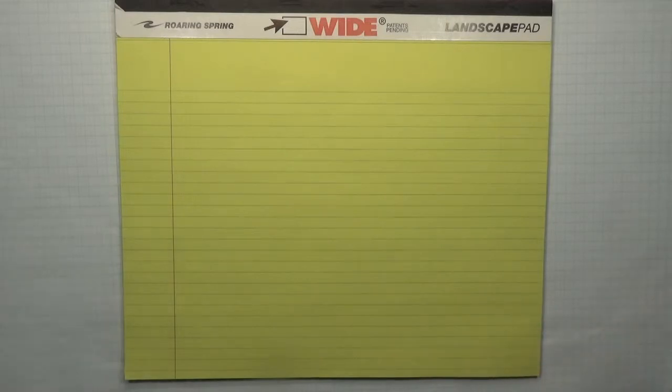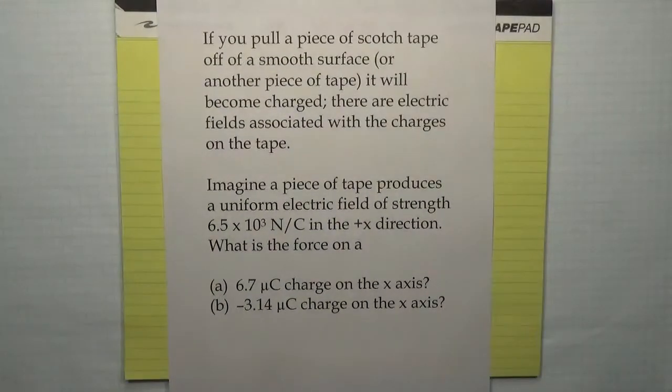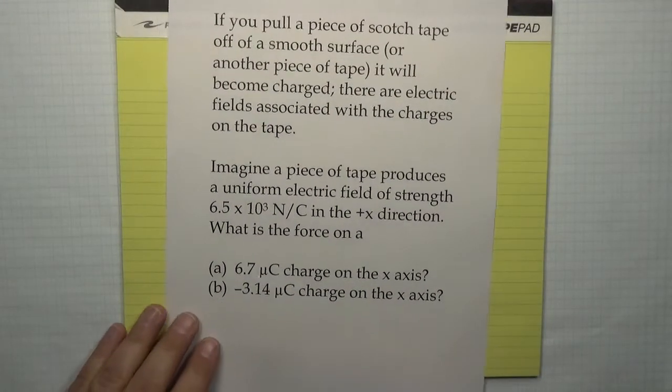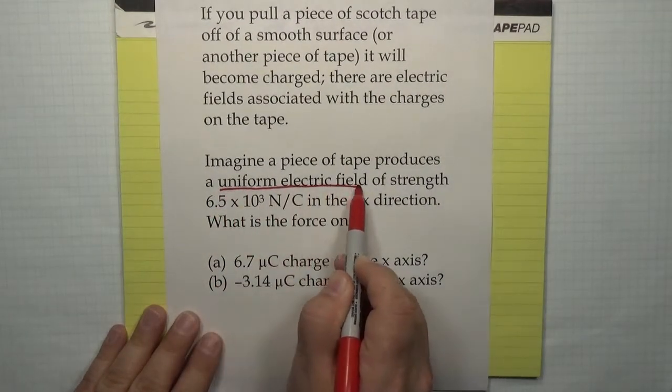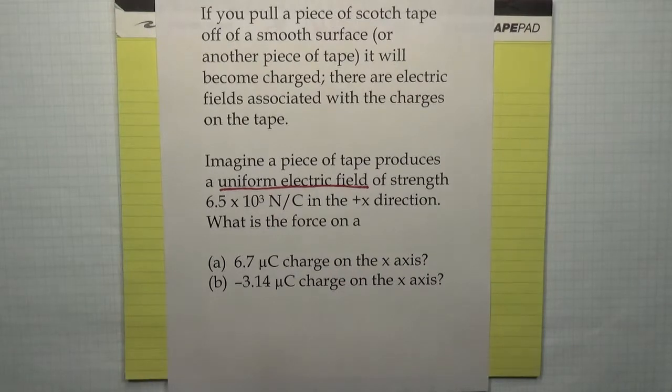The key hidden bit of information is that we have a uniform electric field. What that means is the field strength is constant no matter how far away you are from the piece of tape. And that's why you weren't told the distance. So parsing problems and figuring out what those little bits are is probably one of the hardest things that you have to learn to do when you're solving these problems in physics.